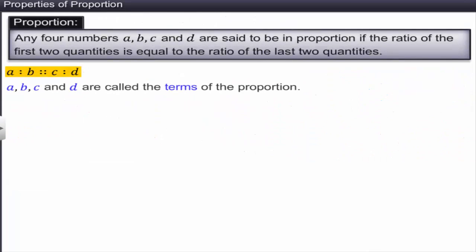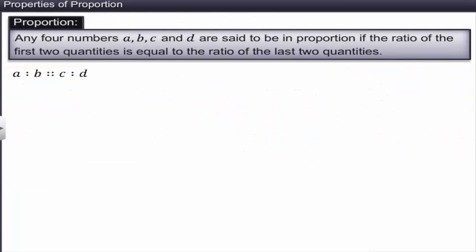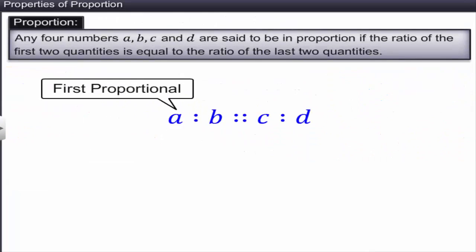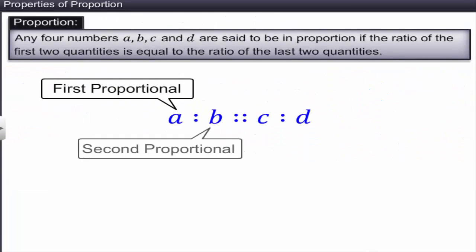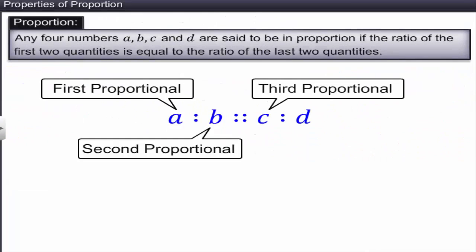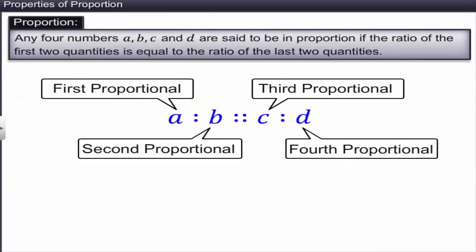The four quantities A, B, C and D are called the terms of the proportion. Specifically, A is called the first proportional, B is called the second proportional, C is called the third proportional, and D is called the fourth proportional of the proportion.